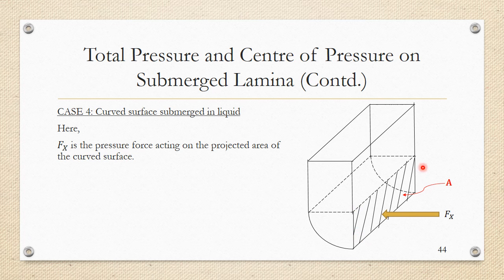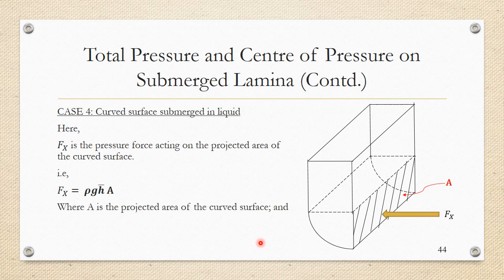That is, you go back to case 1, vertically submerged surface immersed in the fluid, and fx was rho g h bar into A. So take this as a vertically submerged surface and find out fx. This is the vertically projected area of the curved surface, and so fx is given as rho g into h bar into A, where A is the projected area of the curved surface and h bar is the depth of the centroid of the area A below the free surface of water.